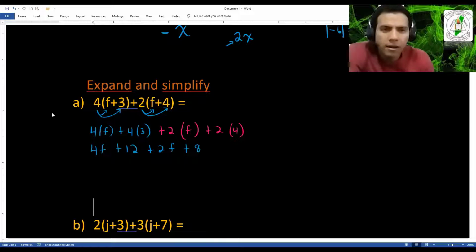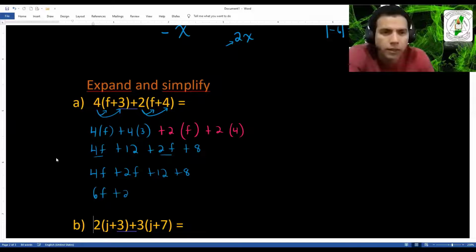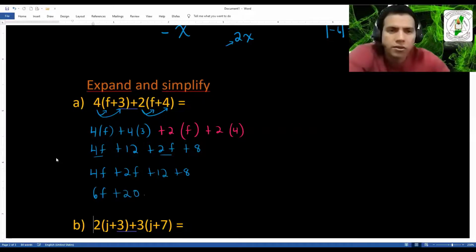So which ones here are like terms? Well, 4f and 2f are the same. 4f plus 2f plus 12 plus 8. So that gives us 4f plus 2f is 6f, 12 plus 8 is 20. So our answer is 6f plus 20 in this case.